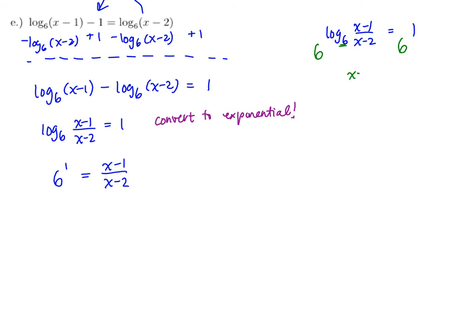You have x minus 1 over x minus 2 equals 6 to the 1, which is just 6, right? So this is the same result as you can see in blue or green. Either you convert it to exponential using that property, or in green you raise both sides as an exponent, or make both sides a power of the base.